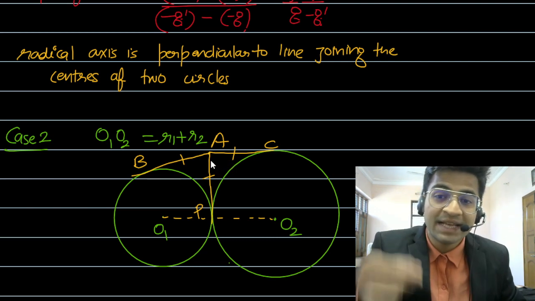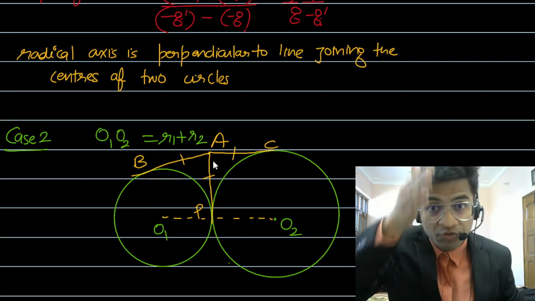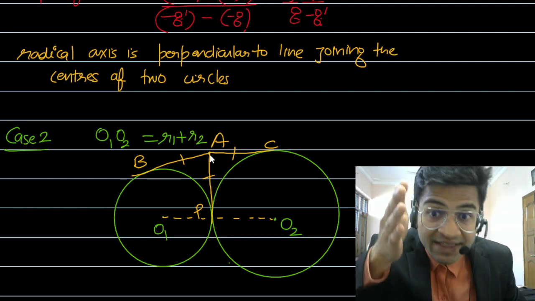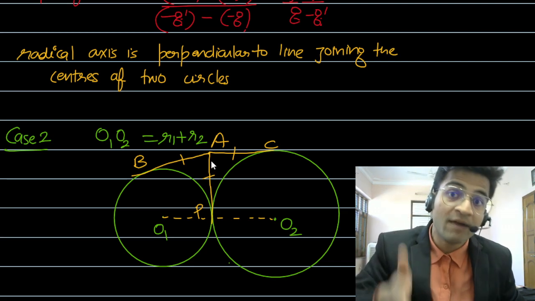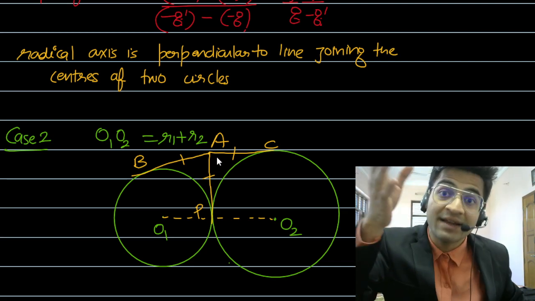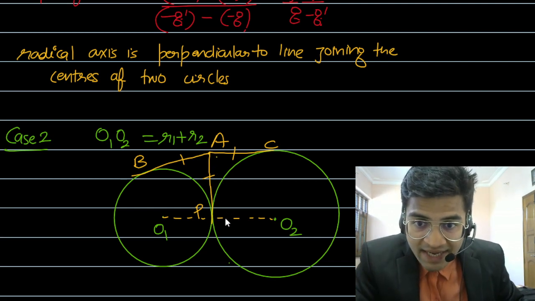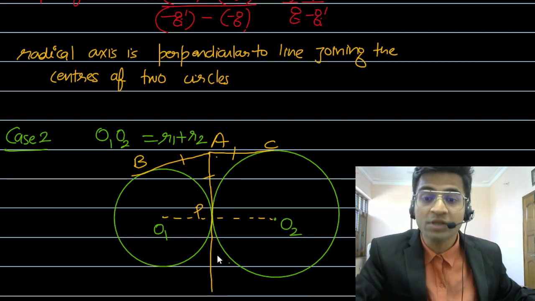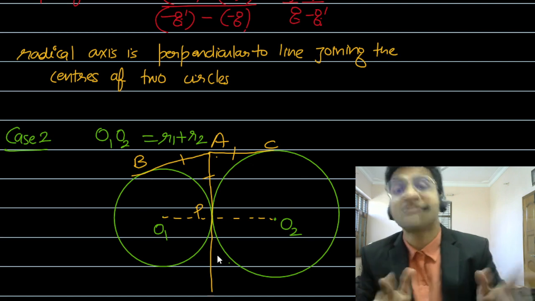So it means the radical axis should be the line which contains these points, or the radical axis should be the line which contains the indirect common tangent. Dear students, this line AP, if I extend it, is the indirect common tangent because the two circles are lying on the opposite sides of each other.